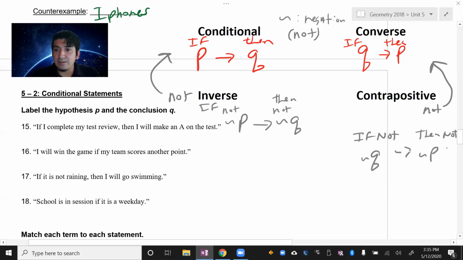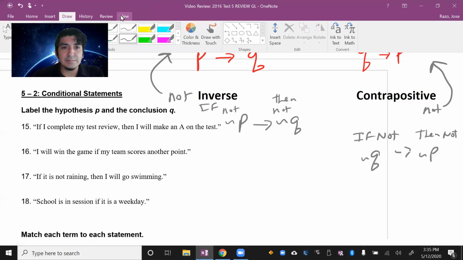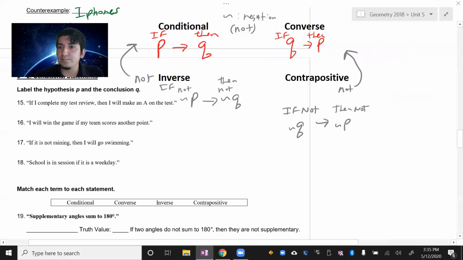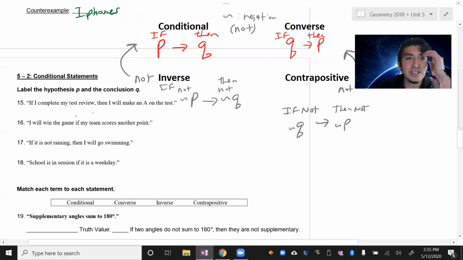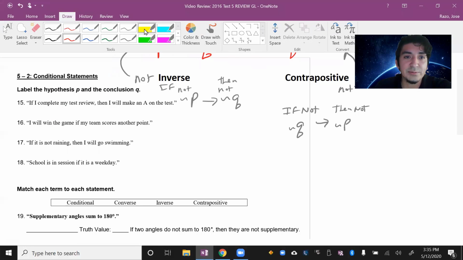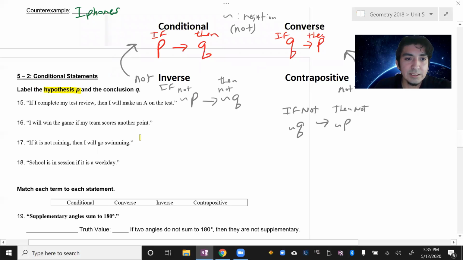Okay, so let's work on a few of these. So if I say, I will win the game if my team scores another point. So I'm going to label my hypothesis and conclusion with a highlighter. My hypothesis will be anything after if. So looking at number 16, if my team scores another point, this is my hypothesis.